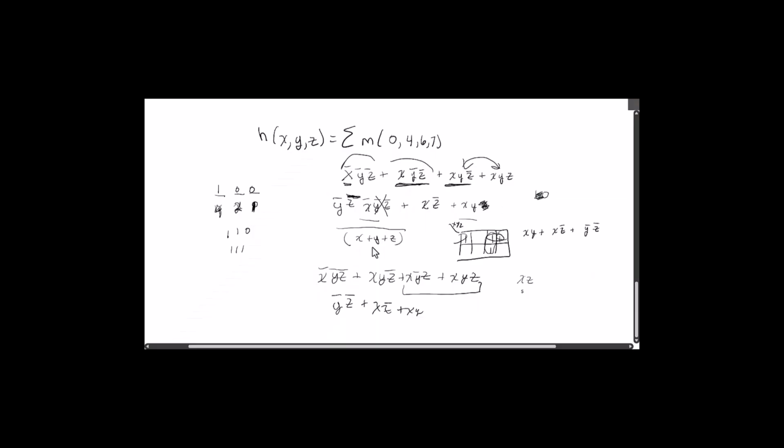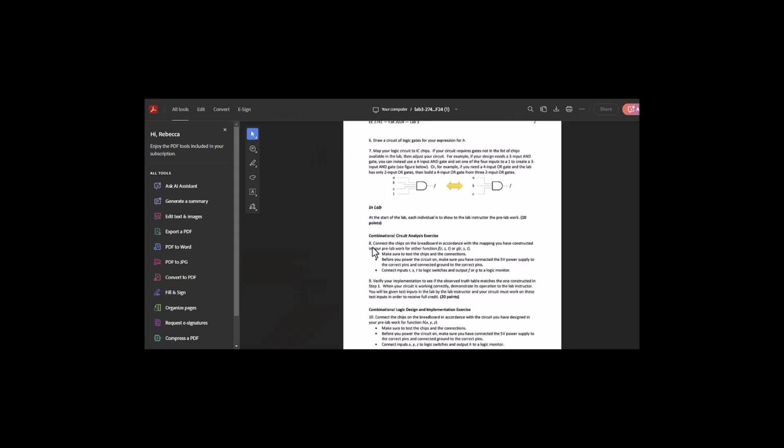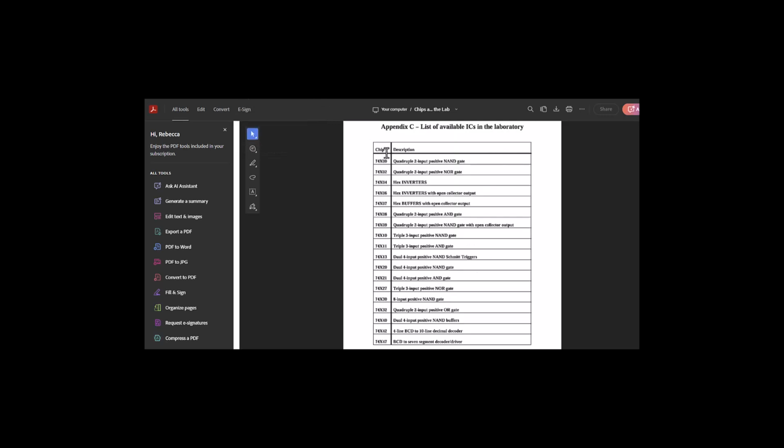if we look at our chips that you have available in the lab, they are 2-input, 3-input, 4-input. So let's say you needed a 4-input AND gate. I'm not sure because we have a 3-input AND gate.